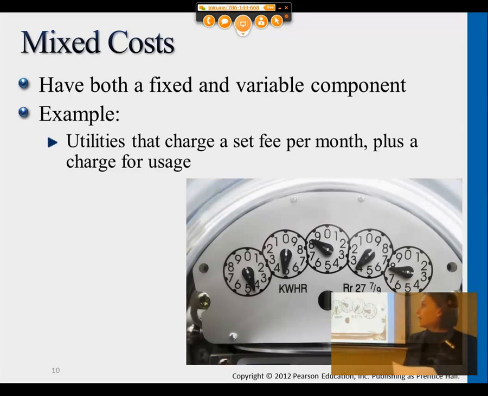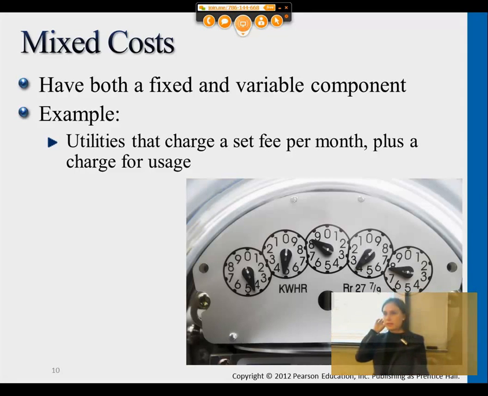An example of mixed cost would be your cell phone. Okay, so some of the plans are going to say, I'm going to charge you each month $50, and that $50 is going to include 100 minutes. On top of it, each minute that you go over is going to cost you, let's say, 50 cents.